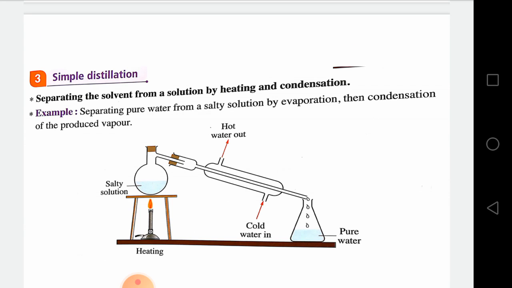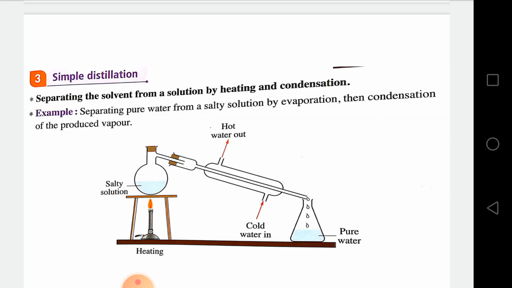So simple distillation separates the solvent from a solution by heating and condensation. For example, separation of pure water from a salty solution by evaporation, then condensation of the produced water.